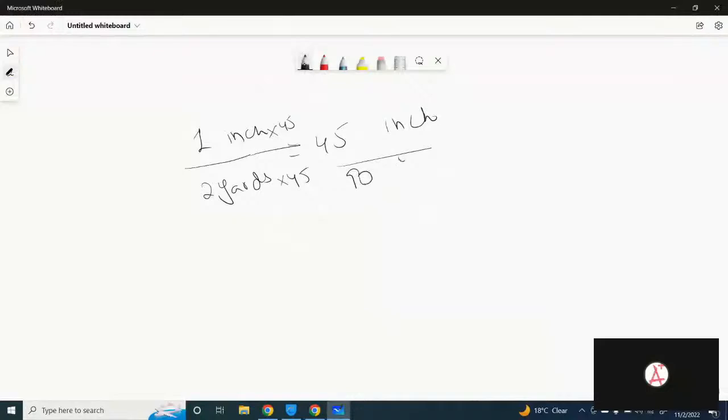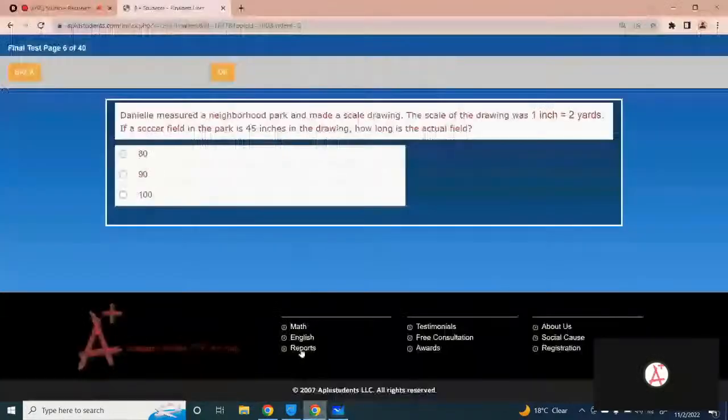So it would be 90 yards. Got it? Just select the correct option and click on the OK button.